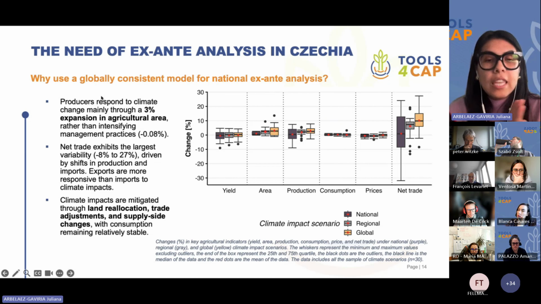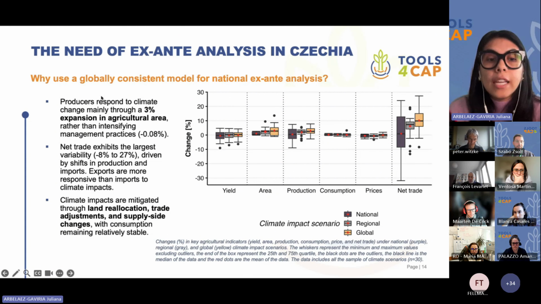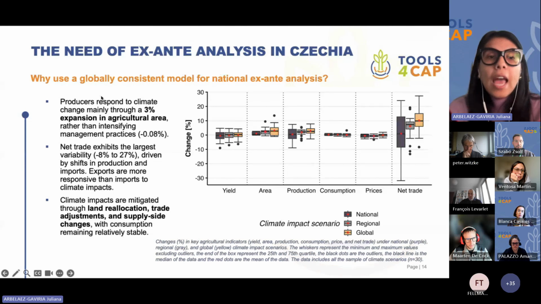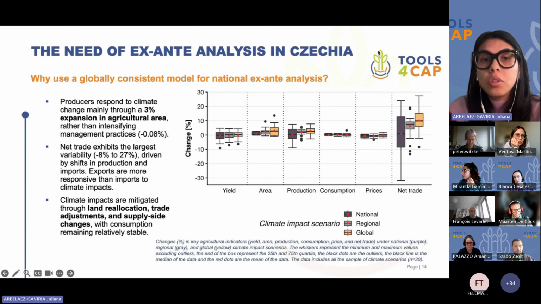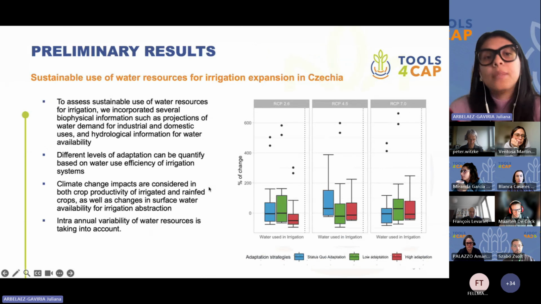So in this case, we see large changes in the results, for example in area, because area becomes an adaptation strategy for the Czech agricultural sector to the negative impacts of climate change, meaning that Czech agriculture will tend to expand in area when climate change is impacting the agro-food systems globally. That can give us a hint on how even international markets are relevant to small countries like the Czech Republic, and I know that that's the case for many member states that are represented here.